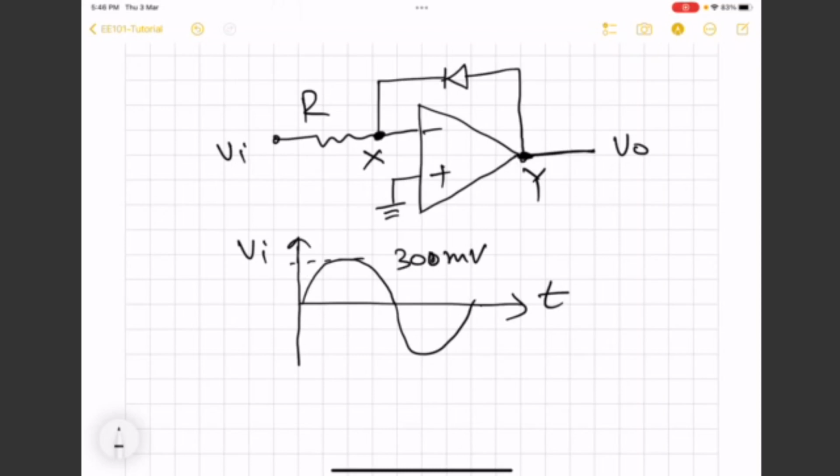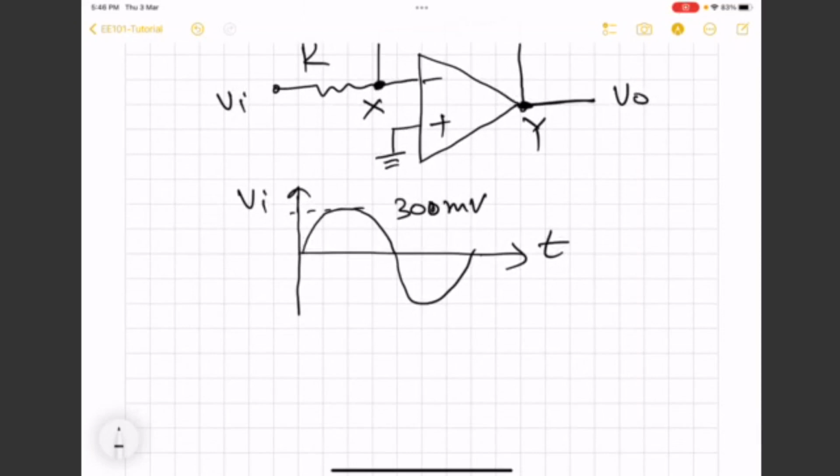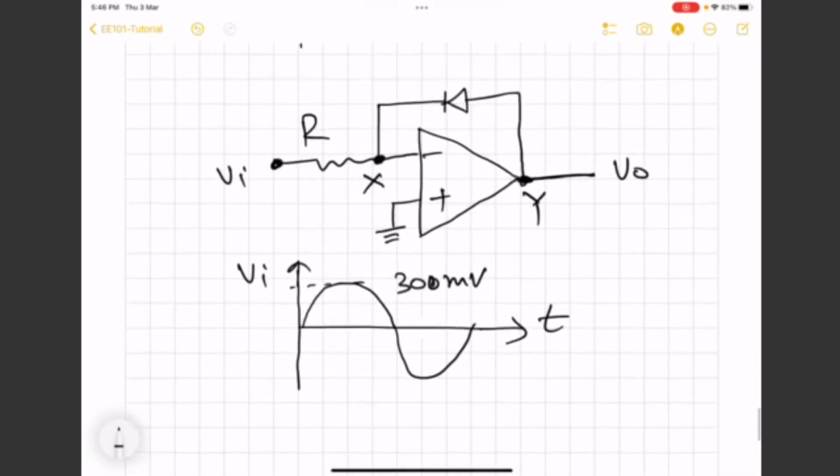So here what will happen is, we have a very small input, and when we switch it on, let us say that we have this setup, there is a switch here, and there is this input here.